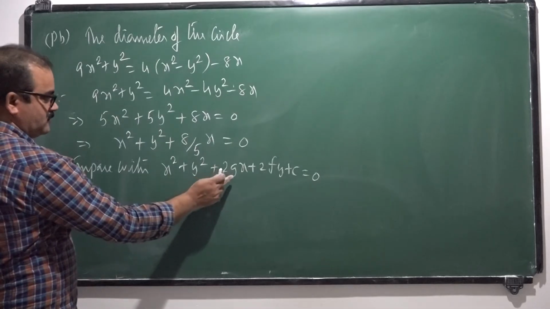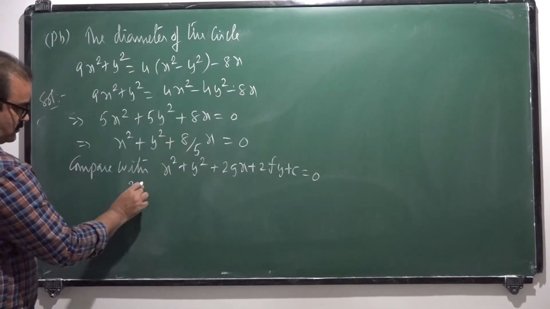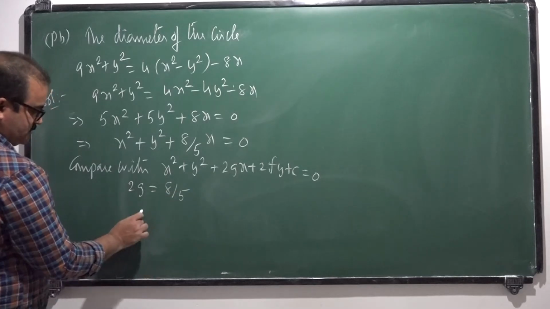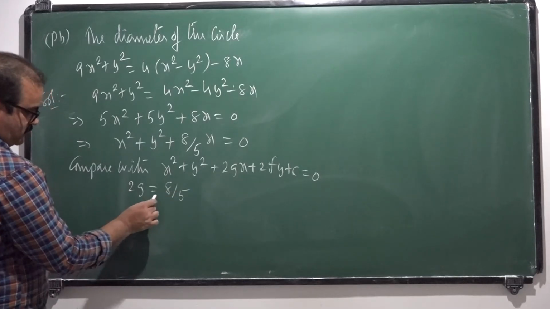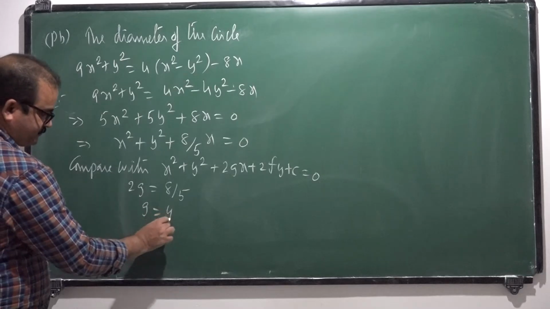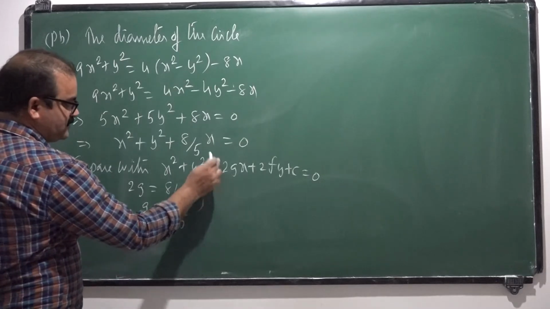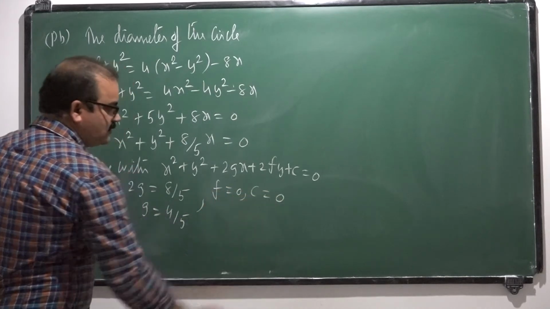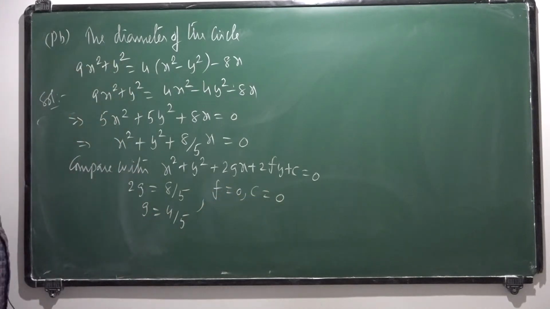On comparing, 2g is equal to 8 by 5. So g is equal to 4 by 5. Next, there is no y coefficient here, so f is equal to 0. There is no constant term, c is also 0.